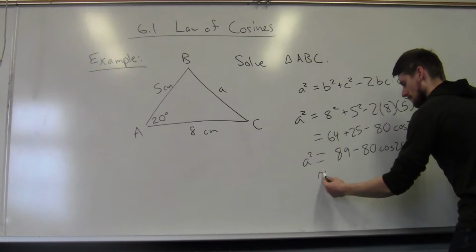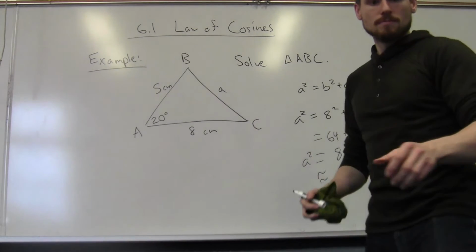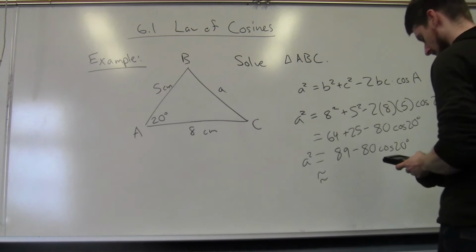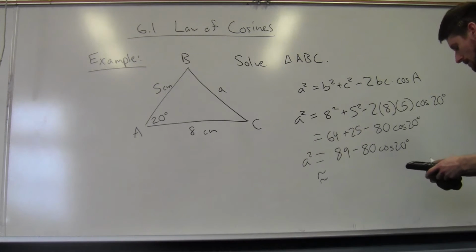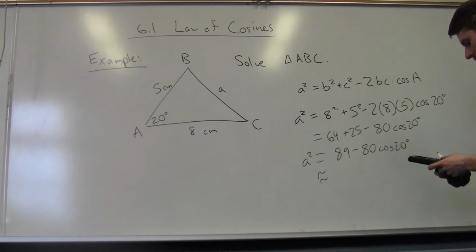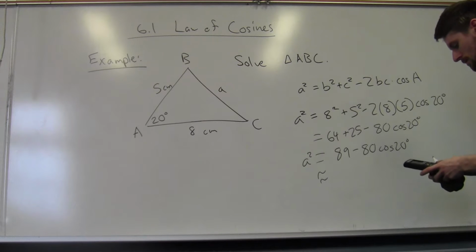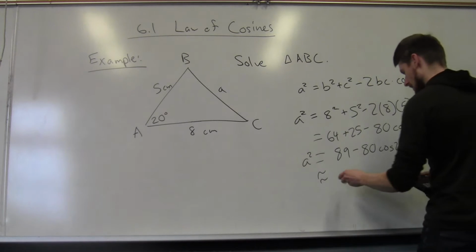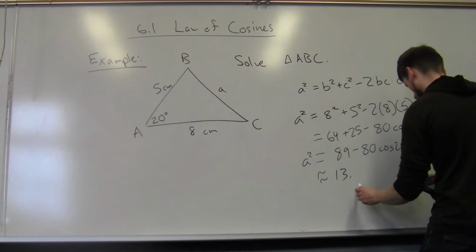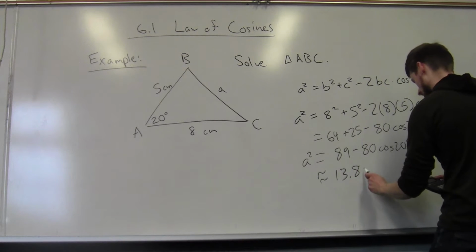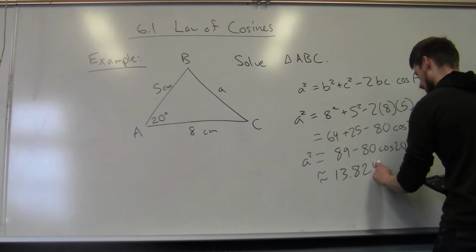We have to determine this, which is approximately equal to, on my calculator, 89 minus 80 cosine 20. I'm going to make sure it's in degree mode first. So this is approximately 13.82425.